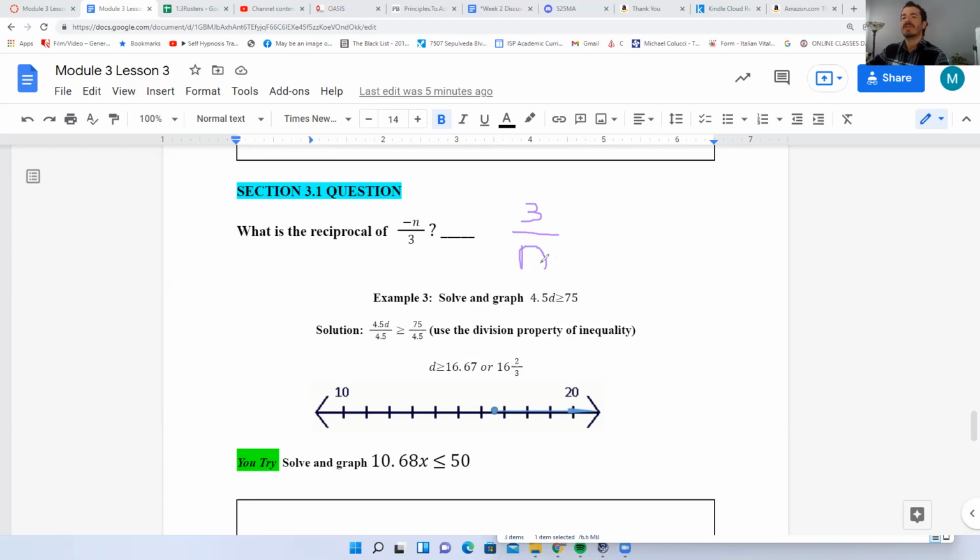There is such a thing called the negative reciprocal, where you would actually change the sign. If you had a positive number, it would become a negative. If you had a negative number, it would become positive. But when it's simply asking for the reciprocal and doesn't specify the negative reciprocal, the reciprocal is going to keep the same sign as the original fraction.